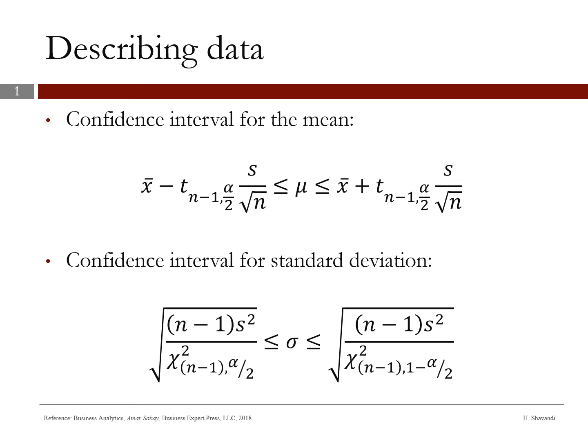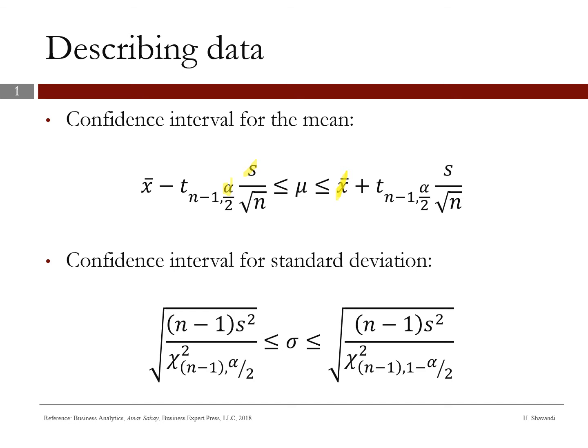After obtaining the average of the sample data, the sample mean X bar, and the sample standard deviation S, you can obtain a confidence interval for the mean of the population. So here you can build a confidence interval by obtaining a significance level alpha.